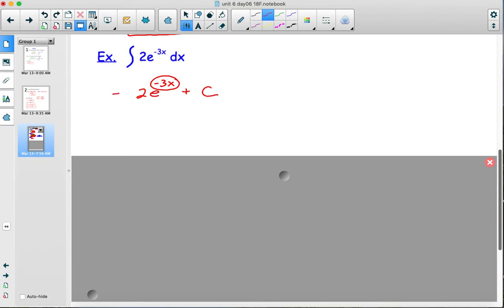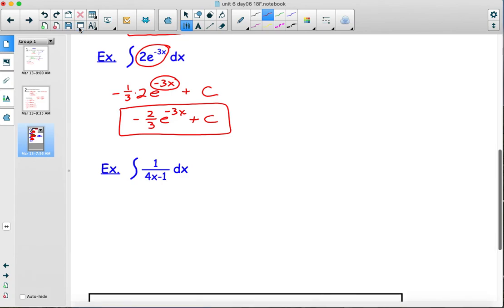So I need to offset that with a negative 1/3 out in front. So now my final answer is going to be negative 2/3 e to the negative 3x plus c. Once again, differentiate that just to verify that we do get what we started with.